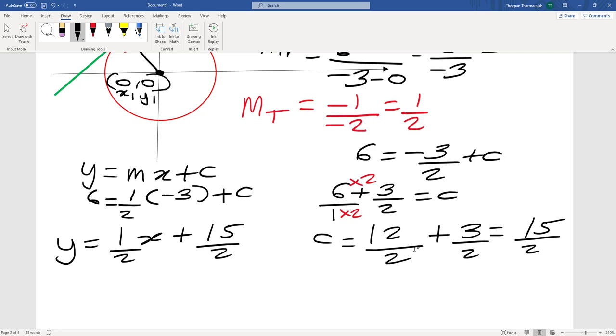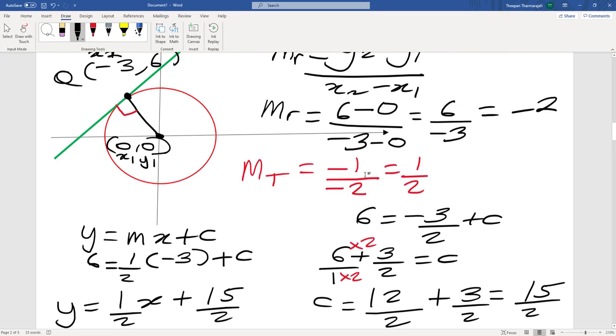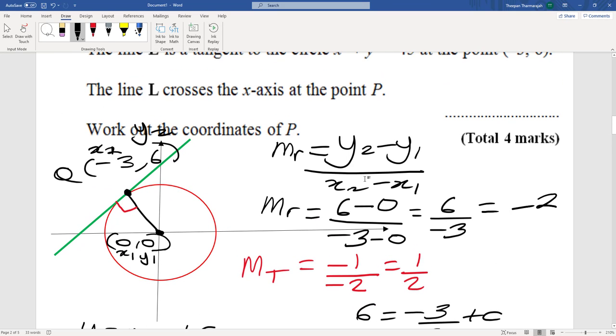But notice this question says to work out the coordinates of P where line L crosses the x-axis. So if we look at the green line, which is line L, it crosses the x-axis at this particular point. Now this point we call point P. Now whenever a straight line crosses the x-axis, the y-coordinate at that point must always be 0.